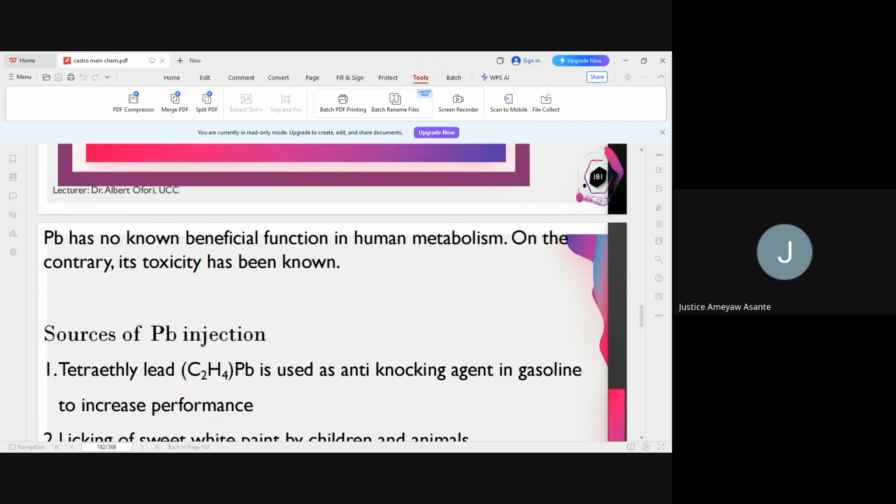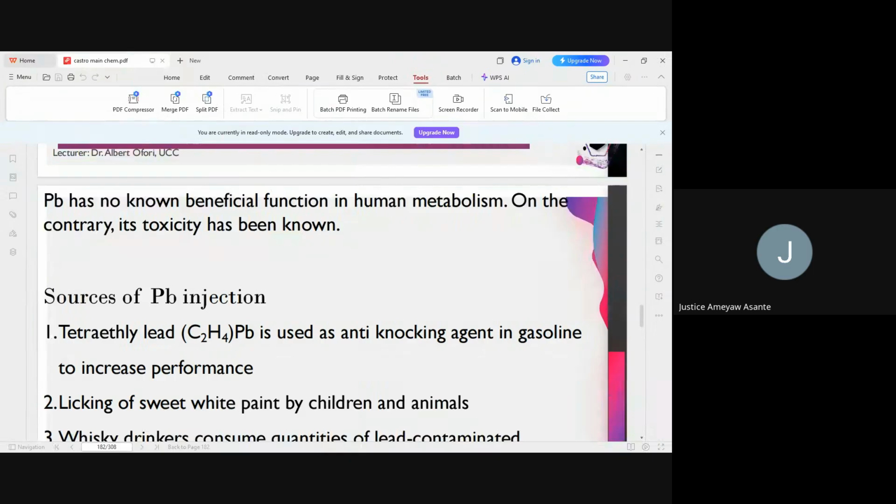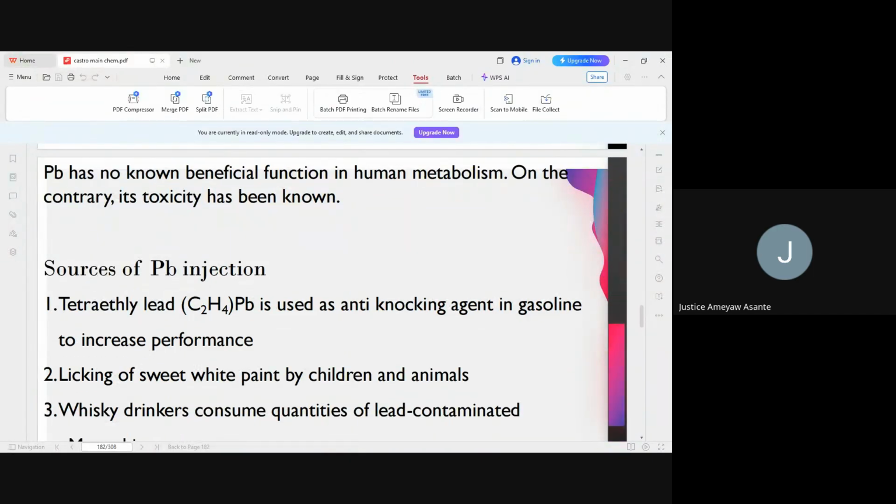Lead has no known beneficial function in human metabolism. On the contrary, it is toxic. Sources of lead ingestion: tetraethyl lead is used as an anti-knocking agent in gasoline to increase performance.